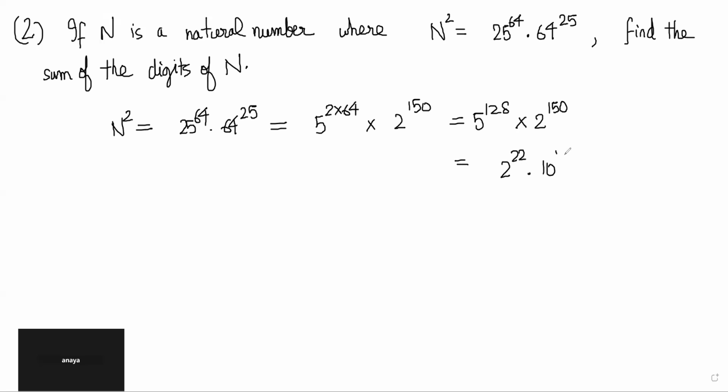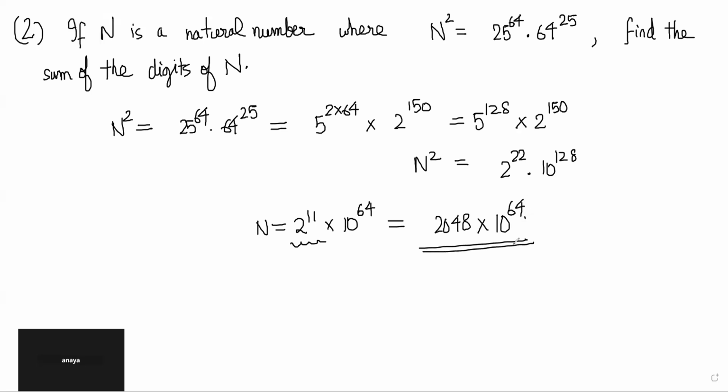And then because you can square root it, you get that n is equal to 2 to the power 11 times 10 to the power 64. And 2 to the power 10 is 1024, so 2 to the power 11 is 2048. So then the sum is 14.